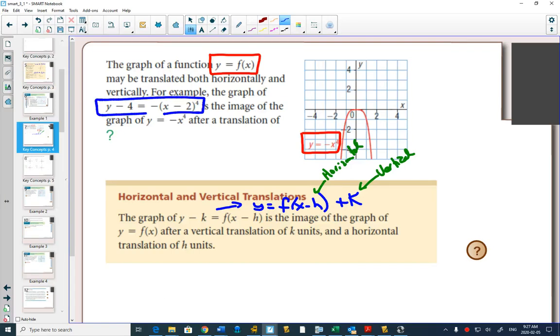in blue, y minus 4 equals negative (x minus 2) to the 4. So the first thing I'm going to do is take that equation and move that 4 over: y equals negative (x minus 2) to the 4, plus 4.